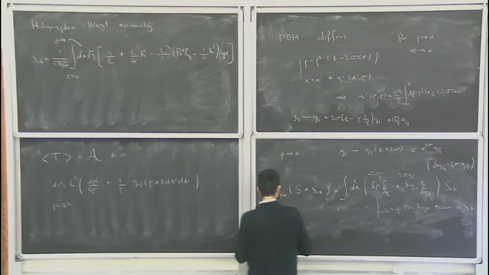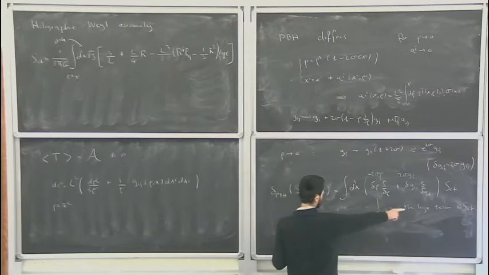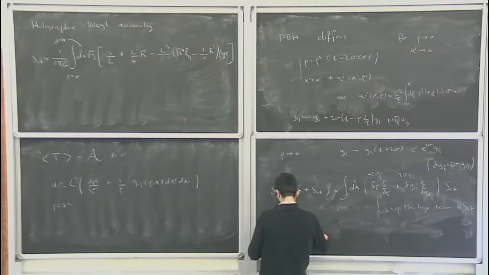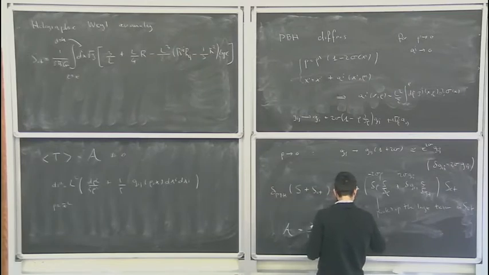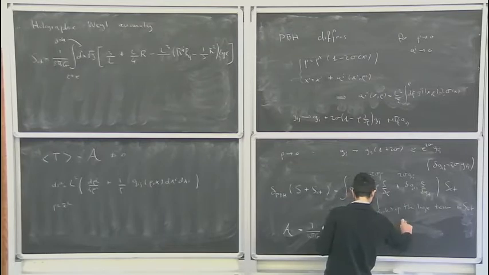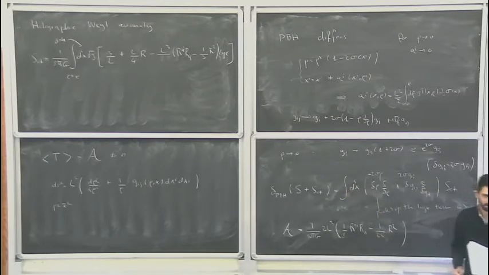And with all the coefficients put back and with the details, then it turns out that the result of this transformation is 1/16 pi G 2L cubed, 1/8 Rij minus 1/24 R squared. Right.